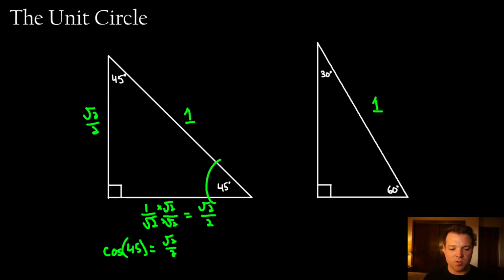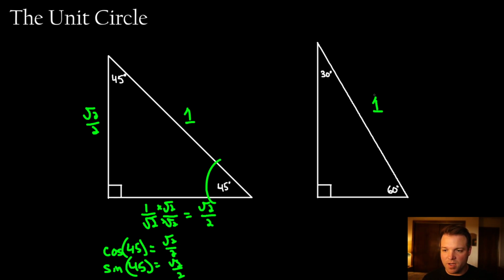This is also going to correspond with our x value, which we're going to see later on. And actually, if I do the sine, it's going to be the same thing. So sine of 45 degrees is equal to the opposite over hypotenuse, which is still root 2 over 2. Okay, so whether it's cosine or sine of 45 degrees, it's root 2 over 2.